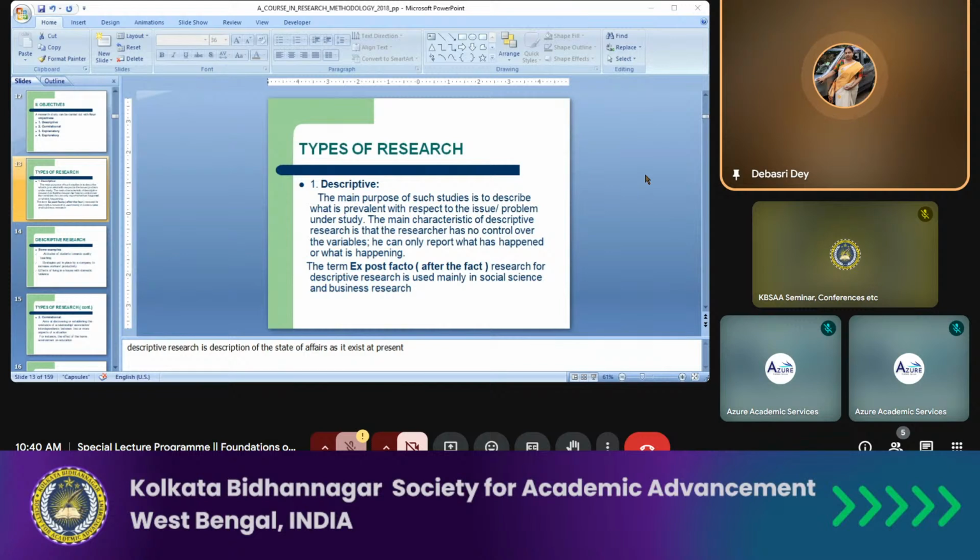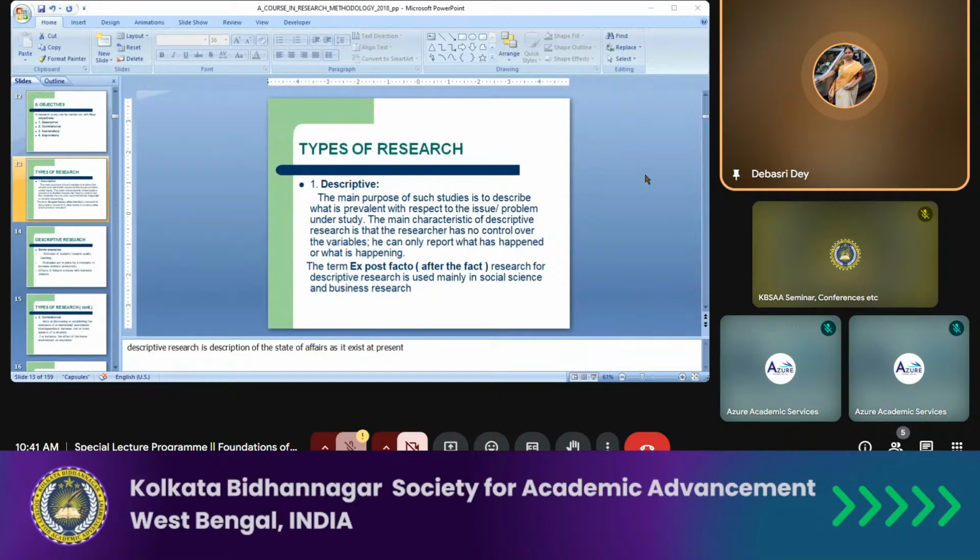This term is quite often used for descriptive research studies, mostly in social sciences as well as business research. BR, as I told you, is a term knocking everywhere nowadays, especially in the life of students doing graduation and post graduation, that means BBA, MBA, after completing their 10 plus 2 standards. They should know what descriptive research is because they have to start with it.